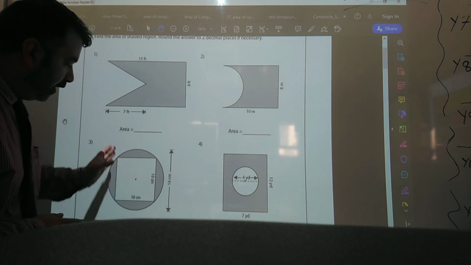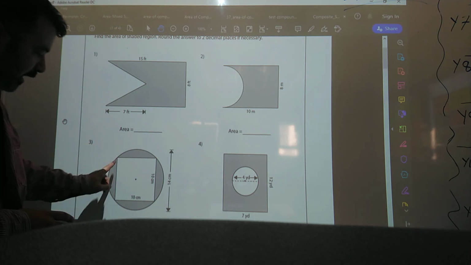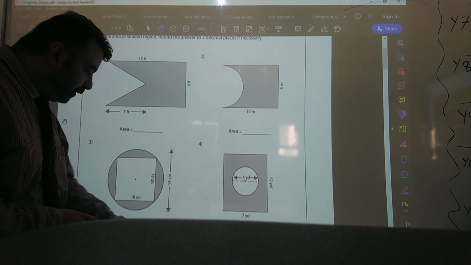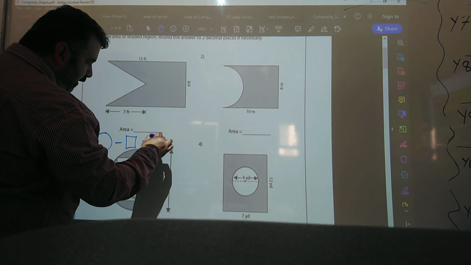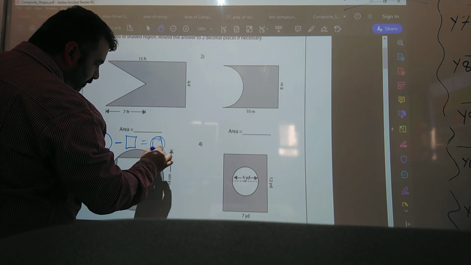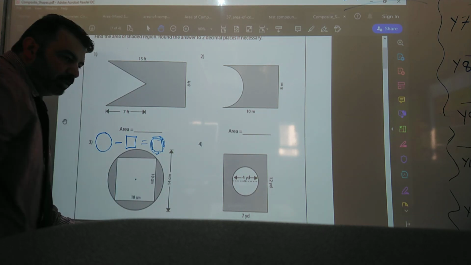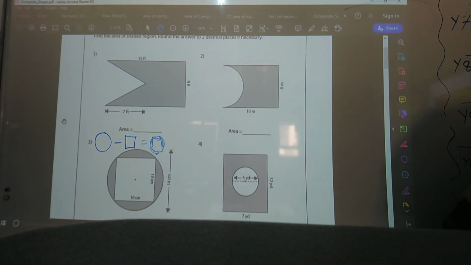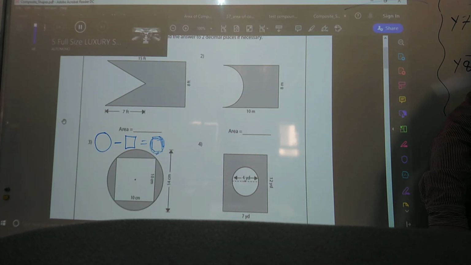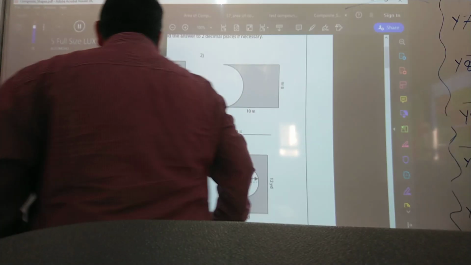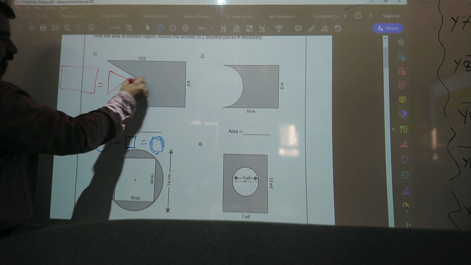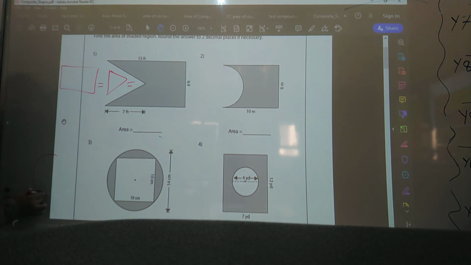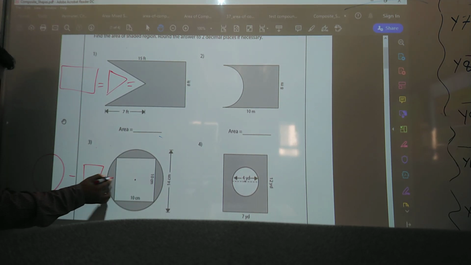Now here, the area of the circle minus the area of the square. Yaani the area of the circle minus the area of the square equal to the shaded area. Okay? Now here, the area of the circle minus square equal to this.